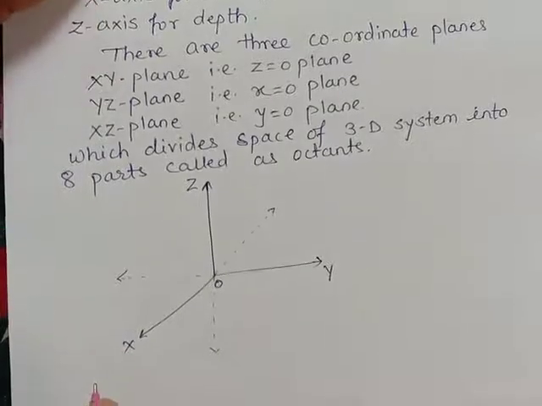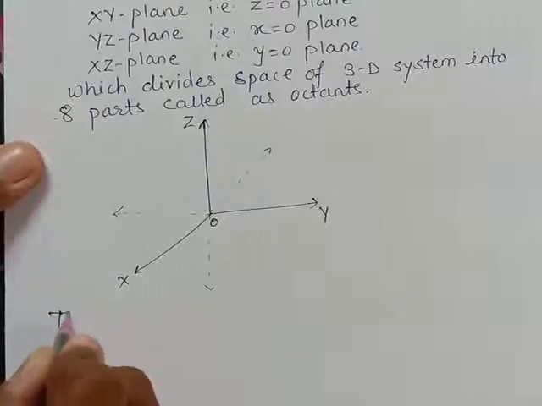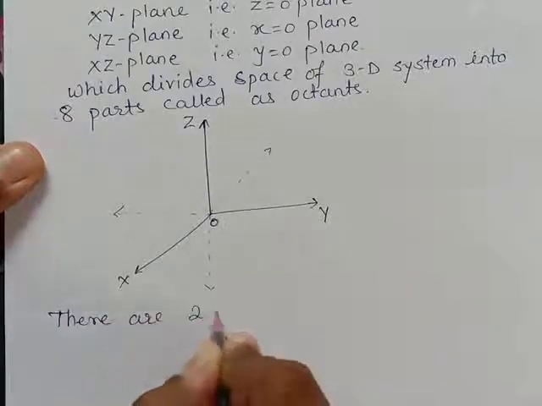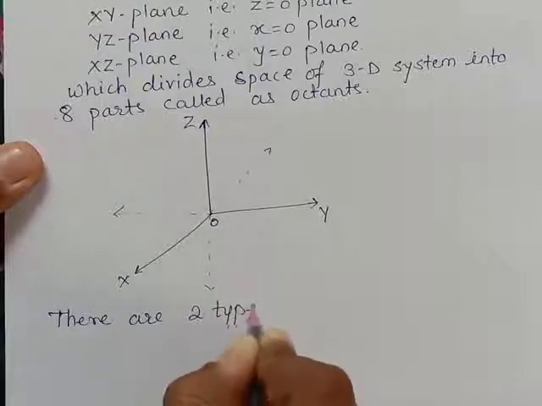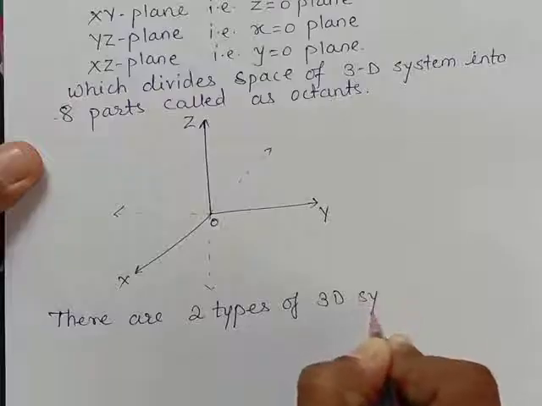Now there are two types of three-dimensional systems. Which two types?